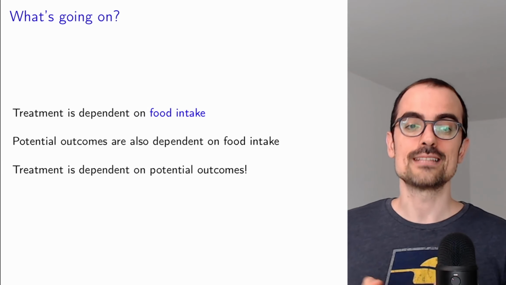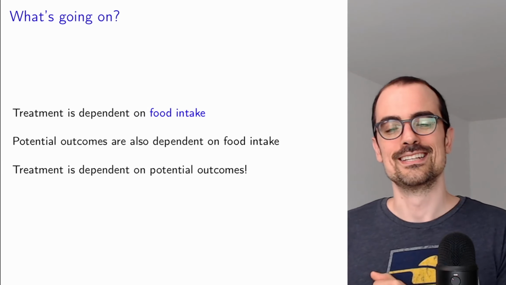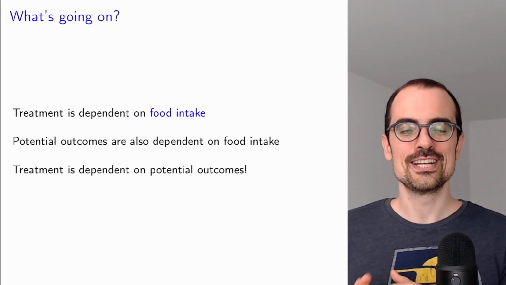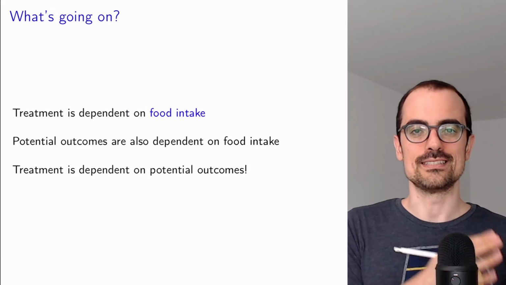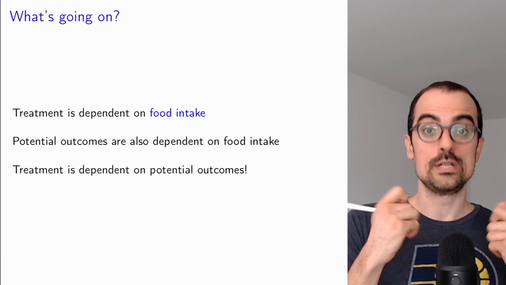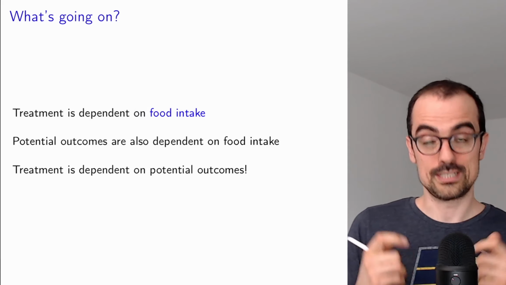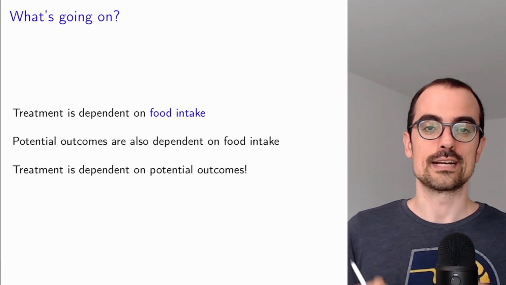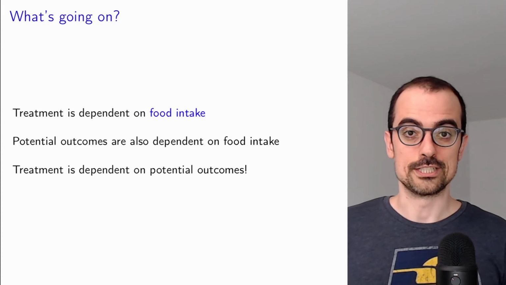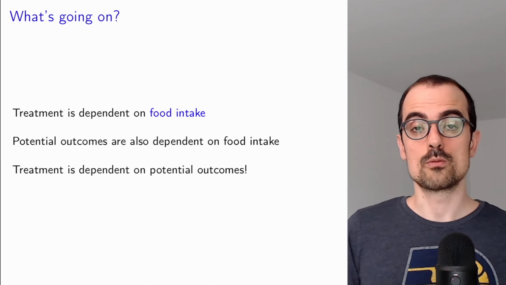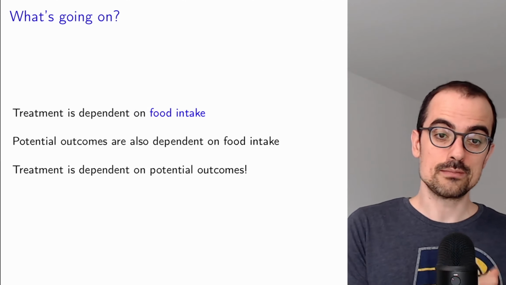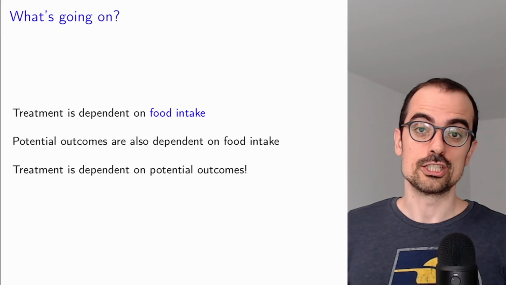So it's not that the treatment is causing the weight change, it's that the treatment, in this case the supplement, is associated in different ways with food intake, which is causally connected with the weight change. In the formal language that we were using before, the treatment is now dependent on the potential outcomes.